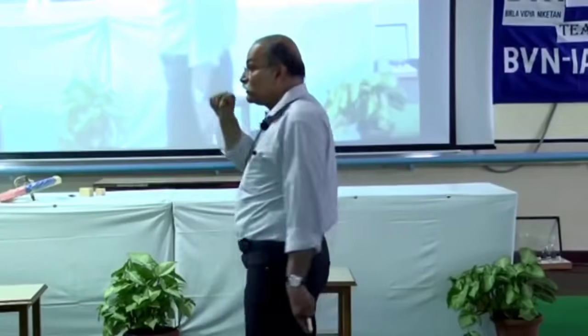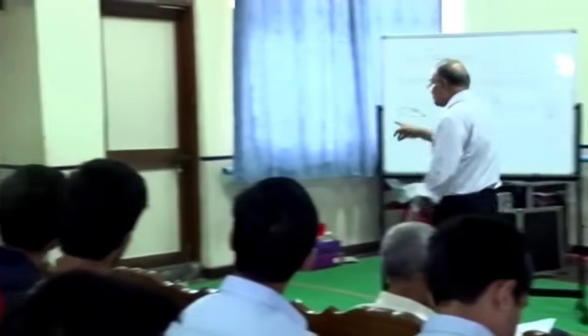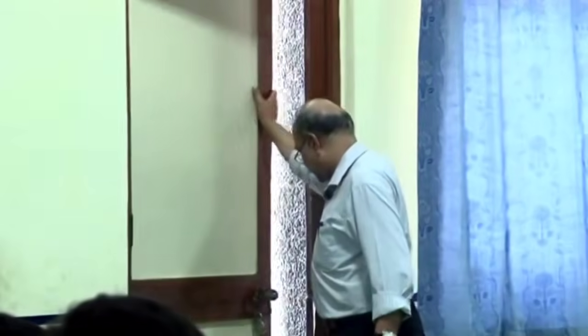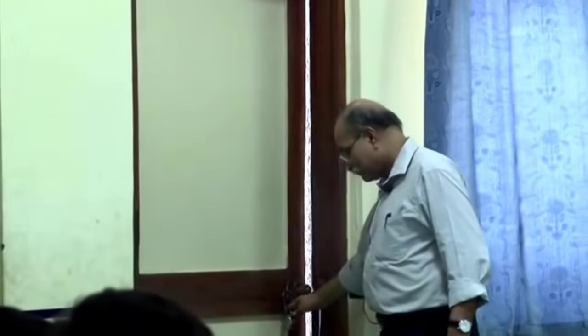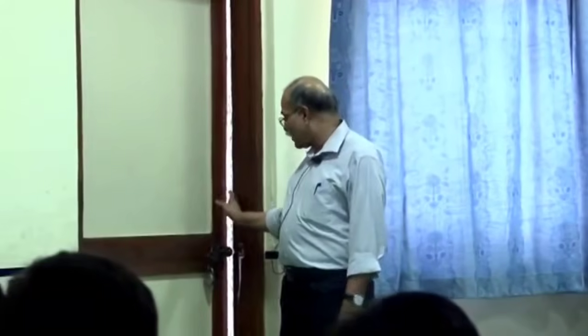Now, my question is how to create an angular acceleration. Any door which I can open? Will this open? Yes. All right. Now, here is a rigid body. This whole door is a rigid body, and if I move it, it is a rotation about a fixed axis.